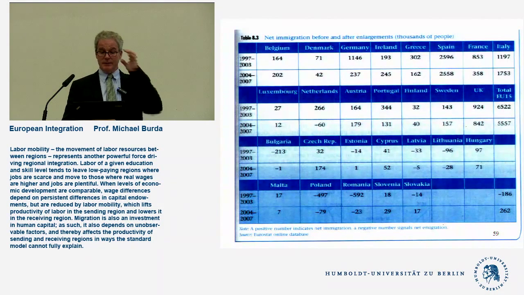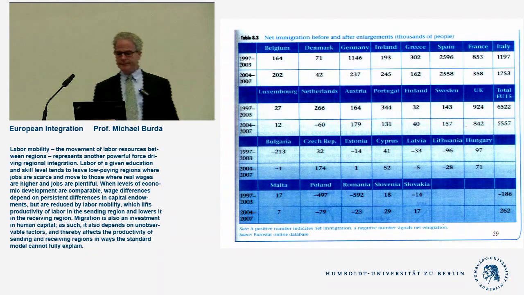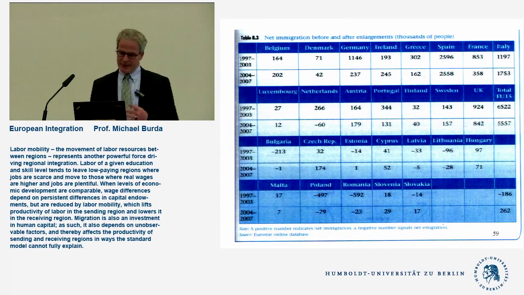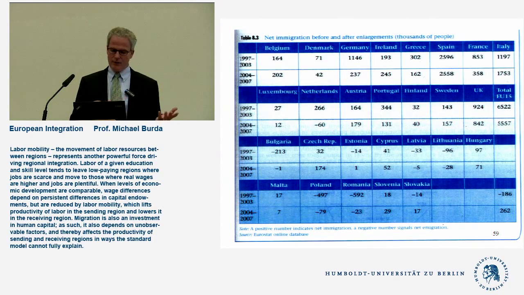Okay, so here's some numbers to back up those statements I just made. The changes in migration have been significant, but they have not been uniform, and they seem to reflect in a lot of ways, not just the economics of East and West or rich and poor Europe, but also idiosyncratic aspects.